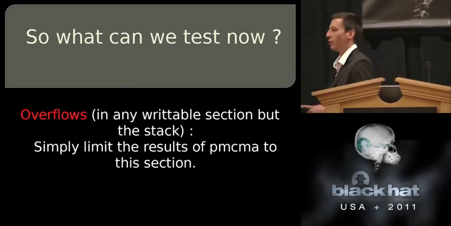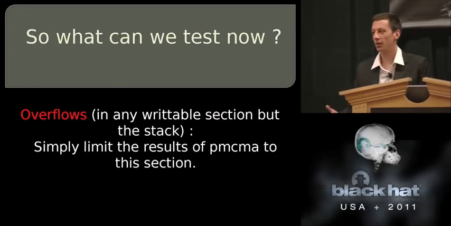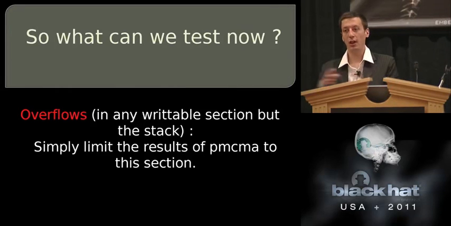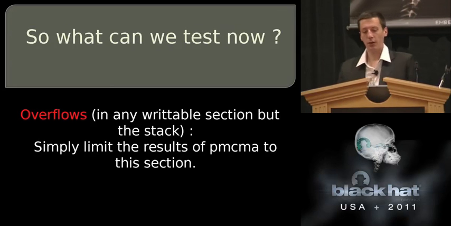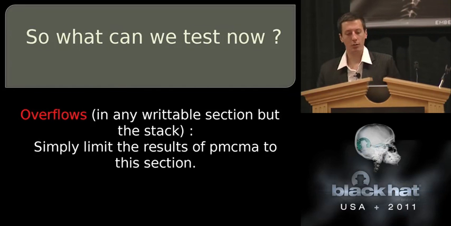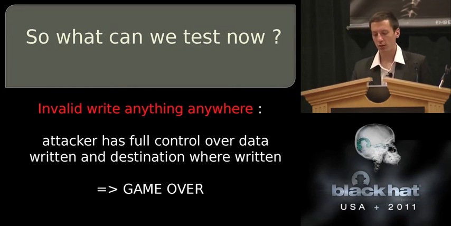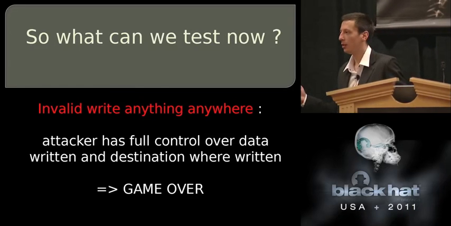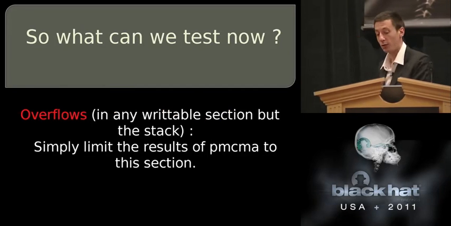Okay, so overflows are a particular kind of invalid memory write. We can see it that way, in the sense that they usually have a length, instead of writing just 4 bytes or one pointer. They overwrite memory sequentially. The tool currently can check invalid memory writes which happen randomly at a very precise location, or overflows.